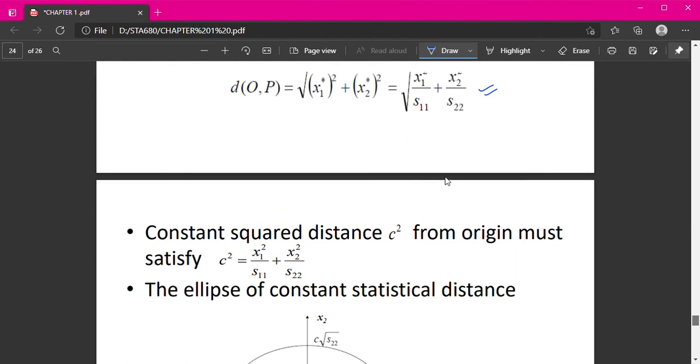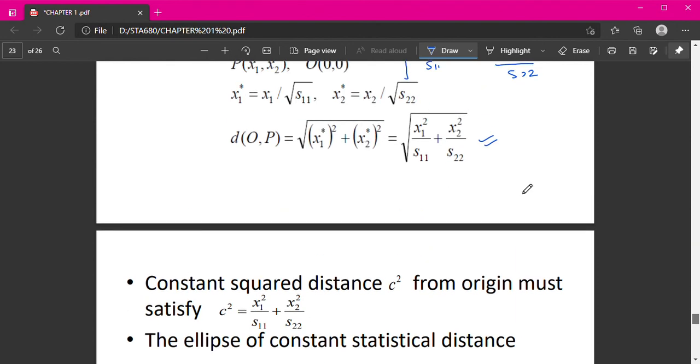Okay, so sama macam tadi juga, kalau D ni, okay, D square ataupun C square, okay, it will be x1 square over s11, okay, plus x2 square over s22, betul tak? Okay, kita dapatkan this D square and C square daripada sini.